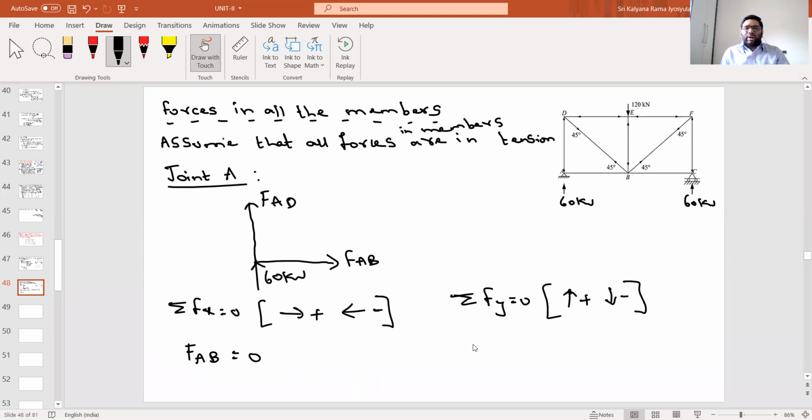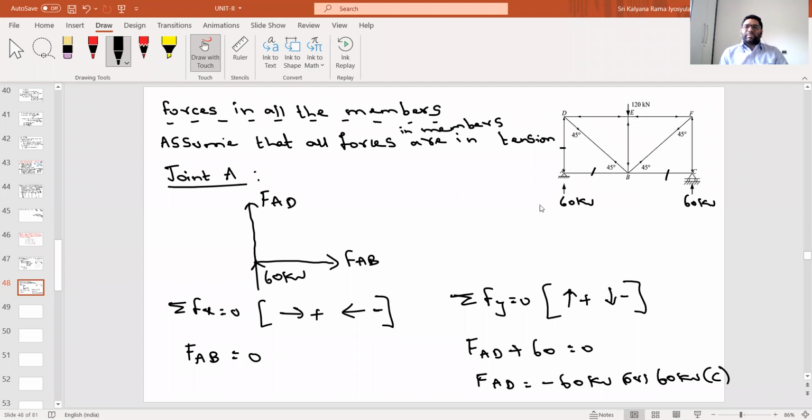Both the forces are upward. So FAD plus 60 is equal to 0. FAD is equal to minus 60 kilonewton or 60 kilonewton compression. So this is where the concept of zero force member would come into picture. This is a zero force member. Even this is also a zero force member.